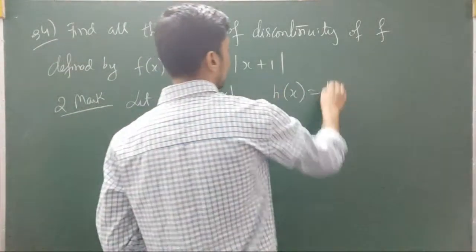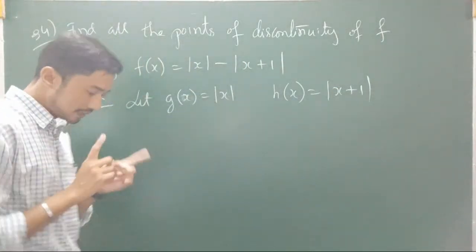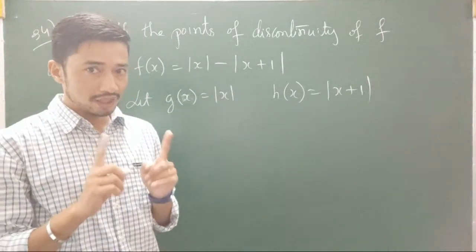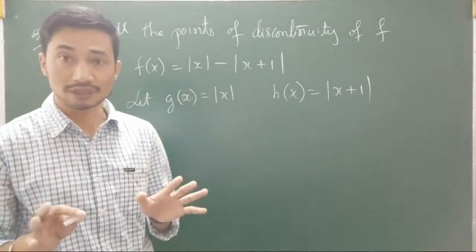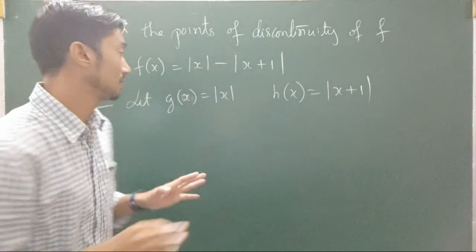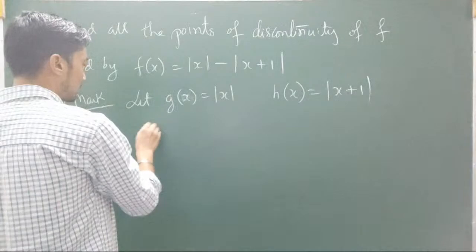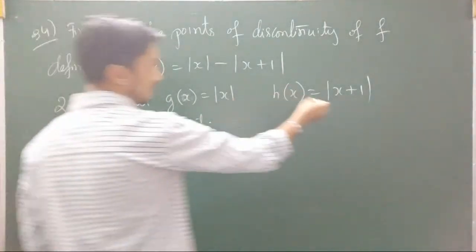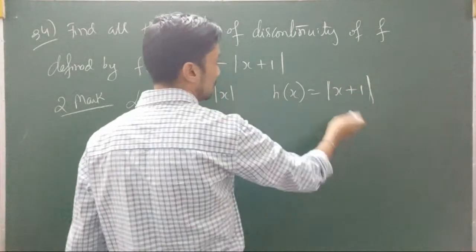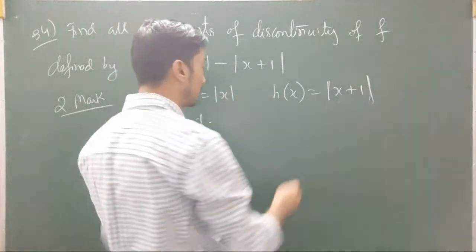h. Of course, this is not a composite function, but again from algebra of functions, if f and g are two functions, then f plus g, f minus g, f into g, f by g are all continuous functions, if you remember. So in that case, what happens? You see, g of x is a modulus function, so g is also continuous. h is also a modulus function, only that the value is different, it's x plus 1, but still a modulus function.